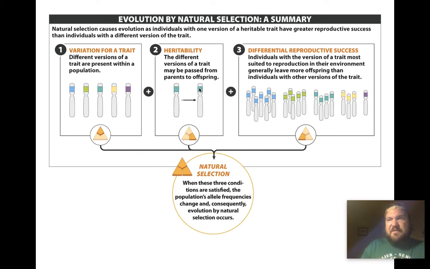And what we see is that over several generations, one of these variants tends to increase its market share, tends to increase in numbers more than the other ones. And this gives us some information. Something about this organism allows it to pass on its genes at a higher rate. It's more successful at passing on its genes than any of these other variants here. And over time, what we would expect to see is that population change to be more represented by this blue allele than the green allele or the teal allele or the yellow allele or the purple allele. That's exactly what natural selection is.